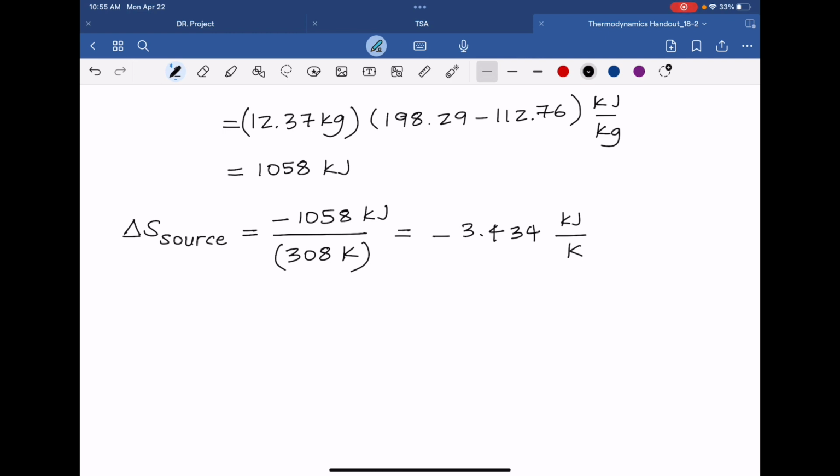Now we know the source's entropy change, we know the system's entropy change, and we can sum those subsystems up to find the total entropy change within the universe.